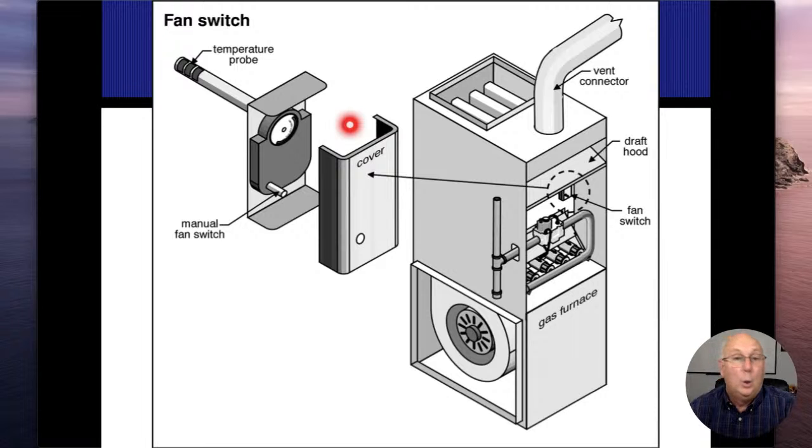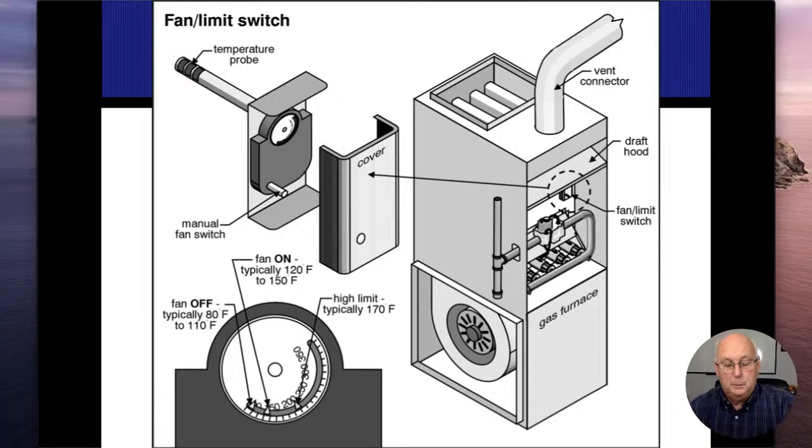All right. Older units, this was a dial type machine on here, and it would have that same coil that we saw with the thermostats on there. And this is actually what turned the fan on and off back in the day. All right. So when the furnace would kick on, the burners would ignite and they would start heating up the heat exchanger.